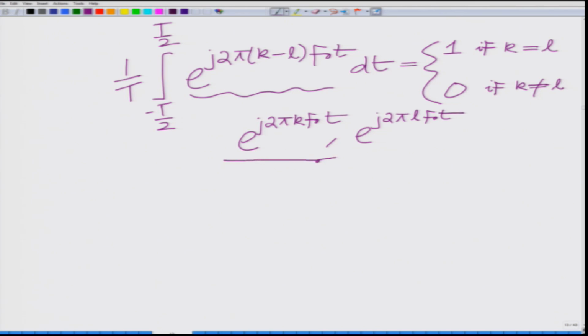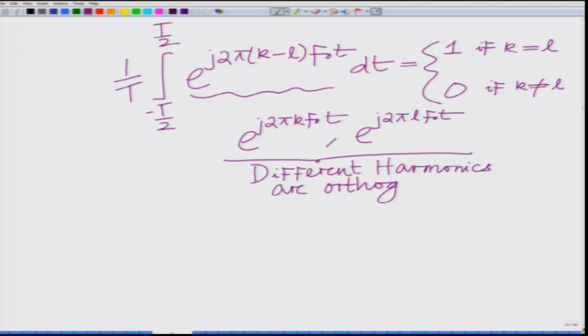The different harmonics, the kth harmonic and the Lth harmonic, at different multiples of f naught, k f naught and L f naught, when k is not equal to L, are orthogonal.